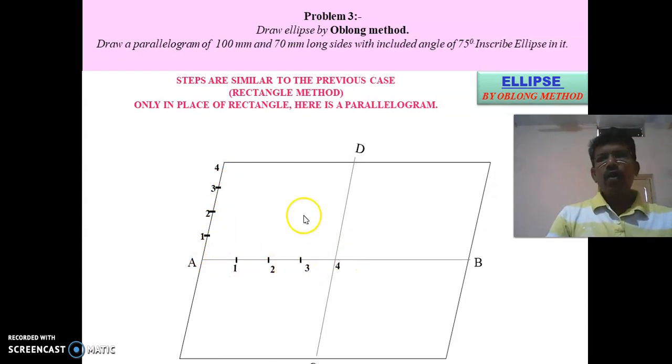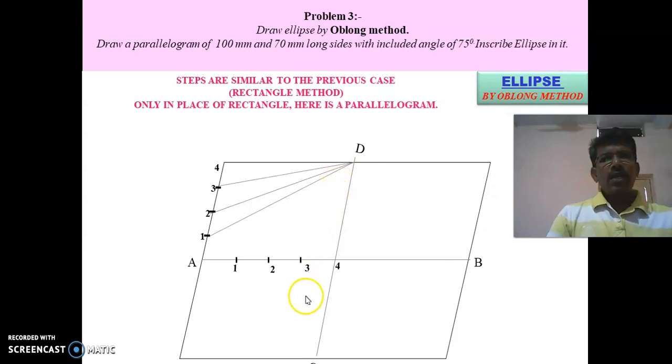You can take 4 or not, it is not essential, but 1, 2, 3 is enough. You can take 5 points also, and the last point may or may not be considered. Then draw lines from the equal division points 1, 2, 3 to the point D, the outermost point of the minor axis.